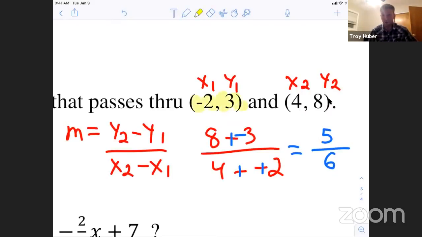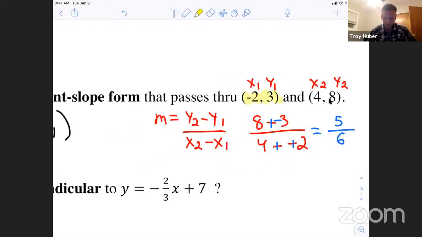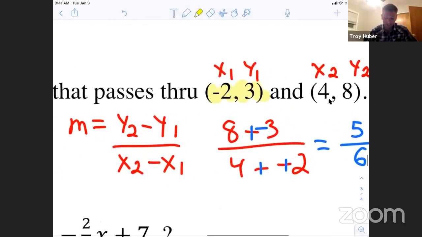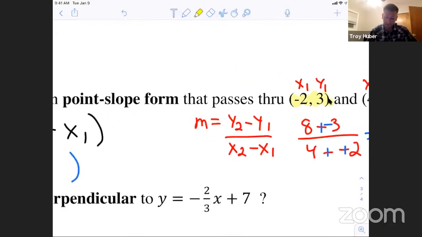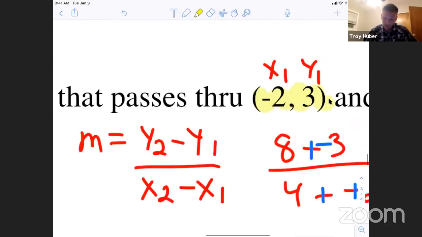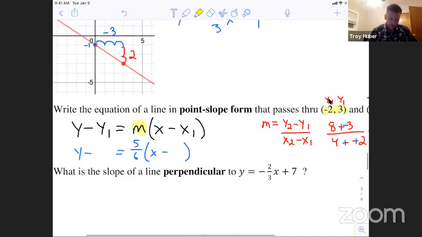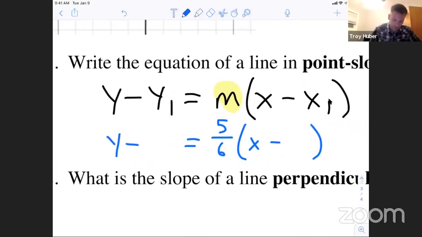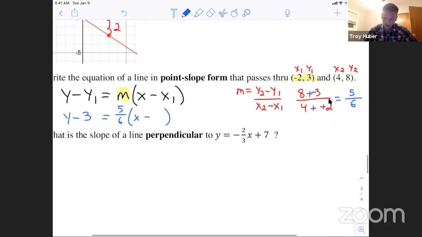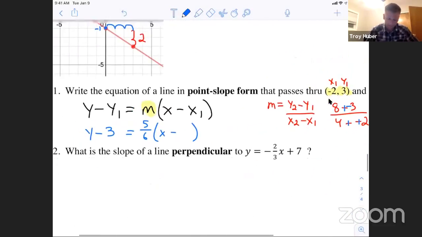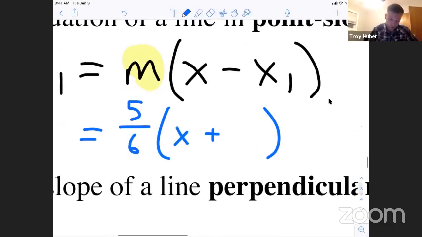But remember, we have to use the opposite of those points. So I start with y. See how y is a +3? When I write it over here, I'm going to make it a -3. And see how x is a -2? When I write it over here, I'm going to make it +2.